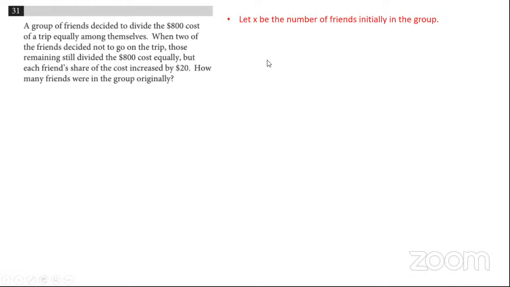So let there be X friends. Let us assume there are X friends in the group. Since the cost of the trip is 800, when this cost is equally divided amongst the friends, what will be each friend's share?